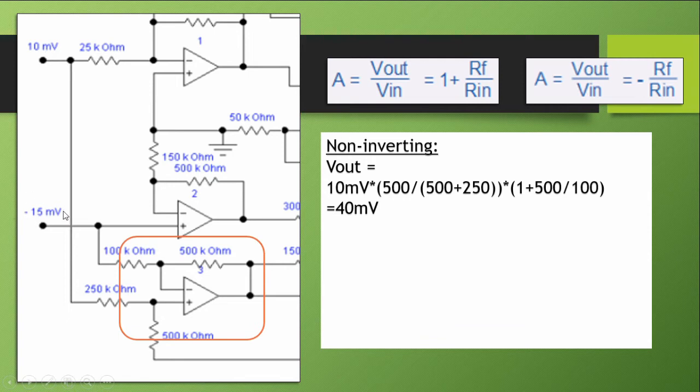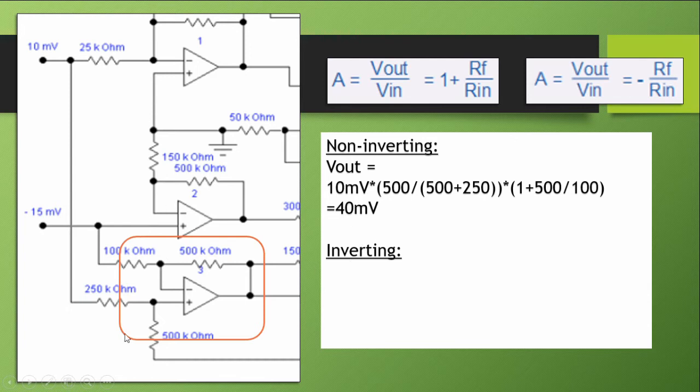Now we need to find the output voltage due to the negative 15 millivolts. That is for the inverting. For the inverting, we can ignore op amp number 2 because the current is 0 here.